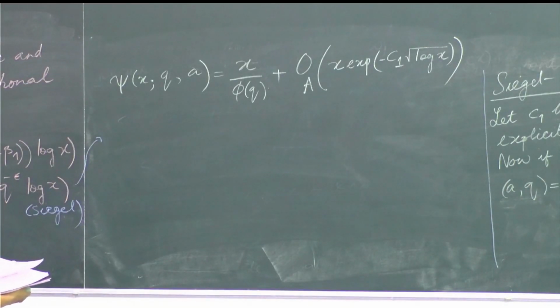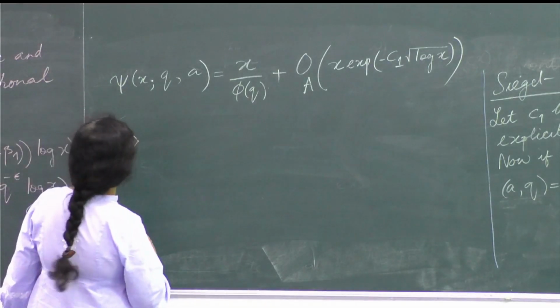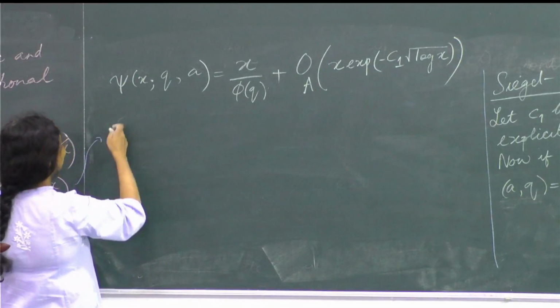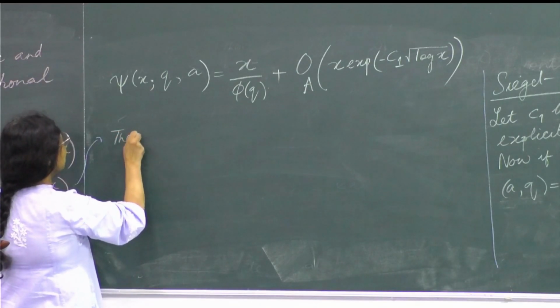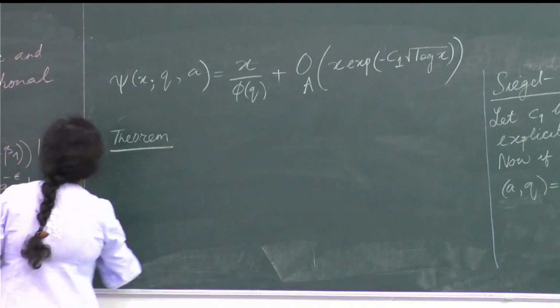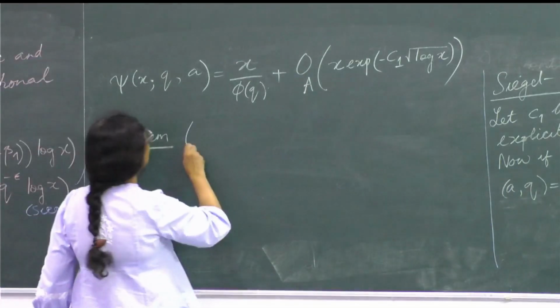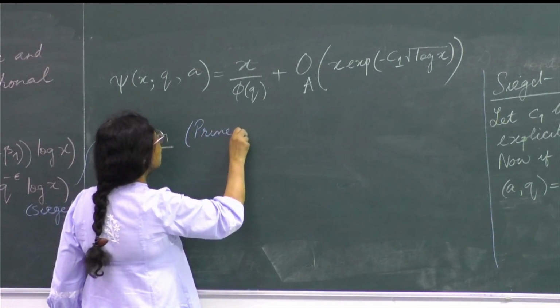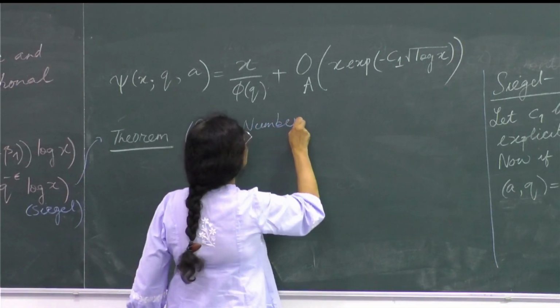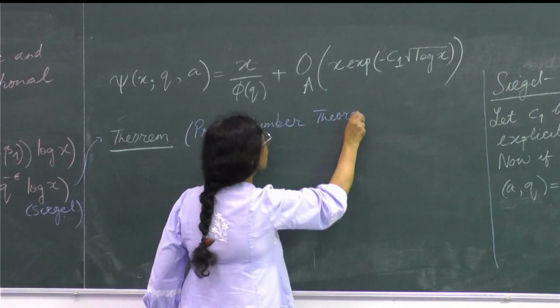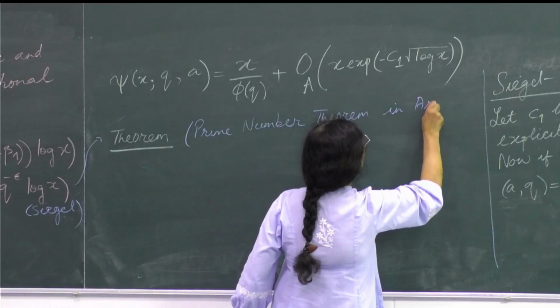So now from here, if you have the Siegel-Walfisz theorem, you can also prove the prime number theorem. So theorem: this is the prime number theorem in arithmetic progression, which is what we were supposed to find.